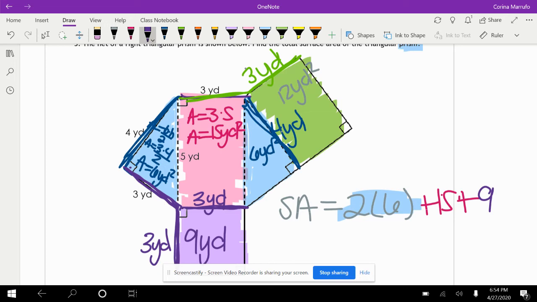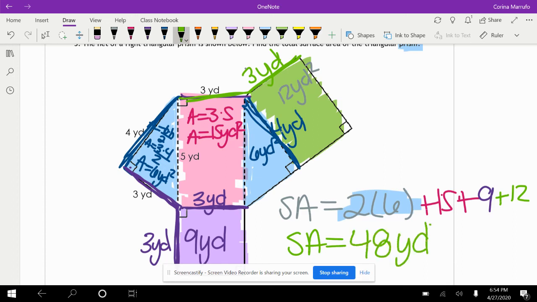And then the next one is this green rectangle, and that is 12 yards squared. So we're going to go ahead and put this in our calculators. That's 9 plus 12, and that gives us a total of 48. So my surface area is going to equal 48 yards squared.